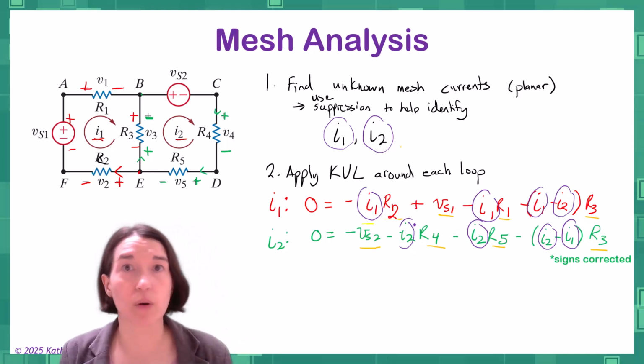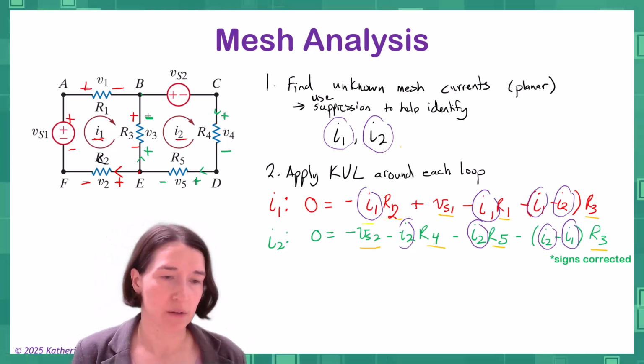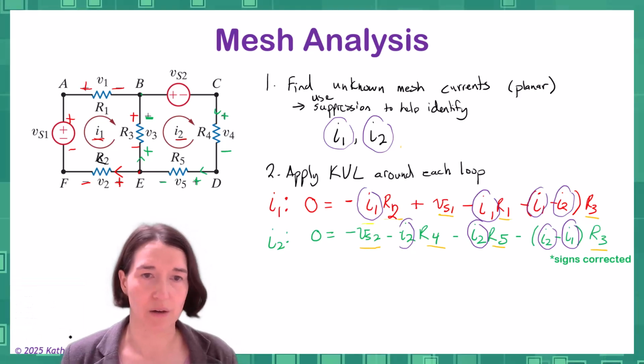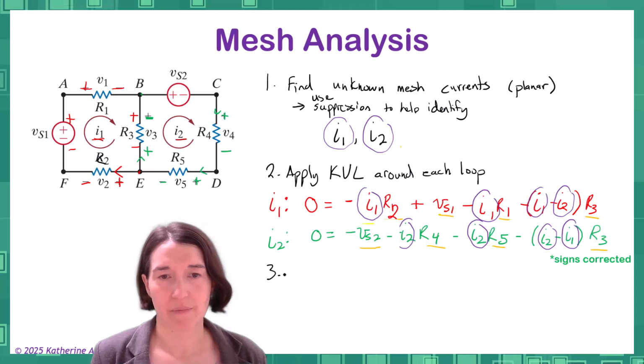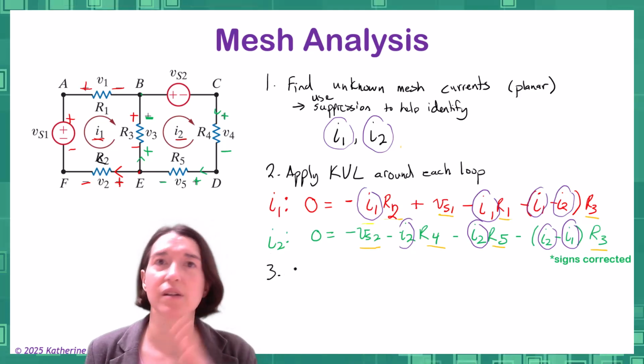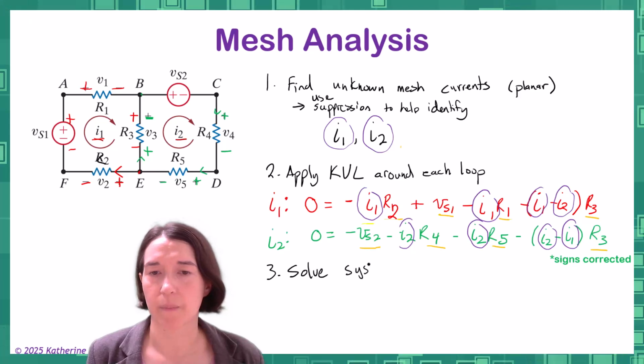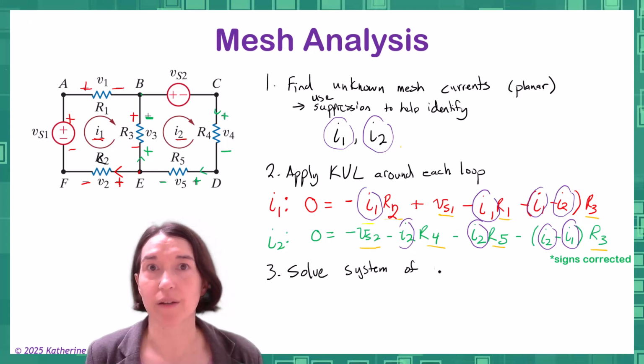So in these two equations, everything is accounted for. So now we can go to the final step of the math. Now it's set up as a math equation. You just solve it like a math equation. So solve the system of equations.